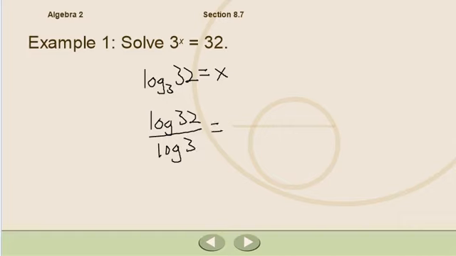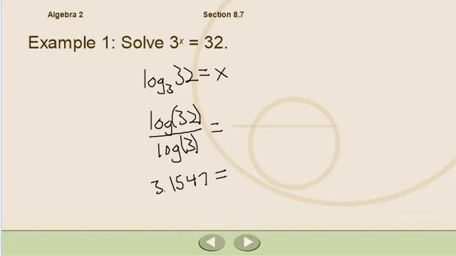And then you can put that in your calculator. You find the log button. You do log of 32 on your calculators. Make sure you put parentheses as necessary. So log of 32, end your parentheses, divided by log of 3, and you get about 3.1547. Which we can think back, this does make sense.